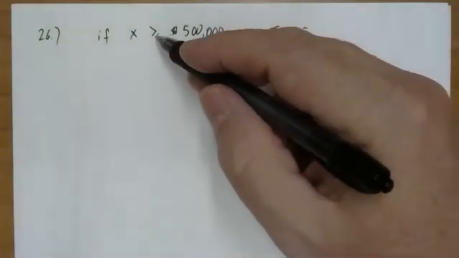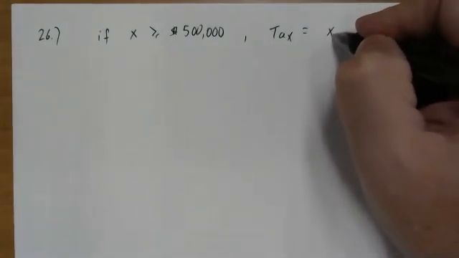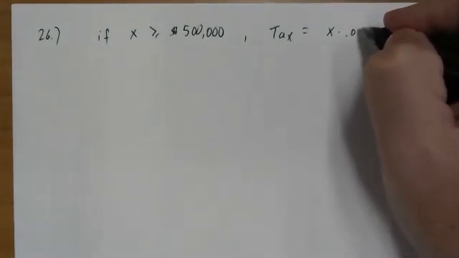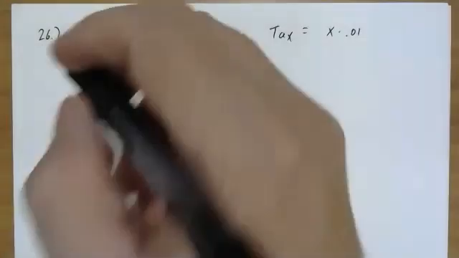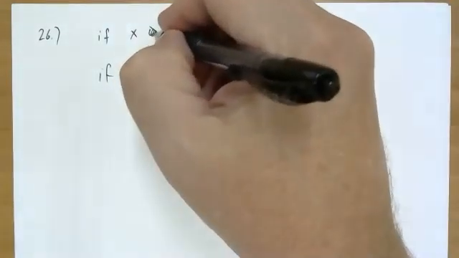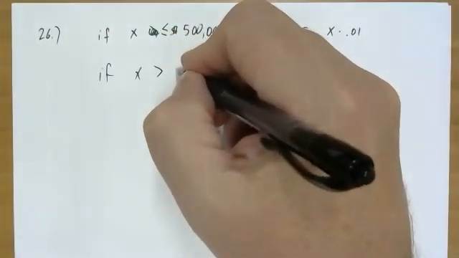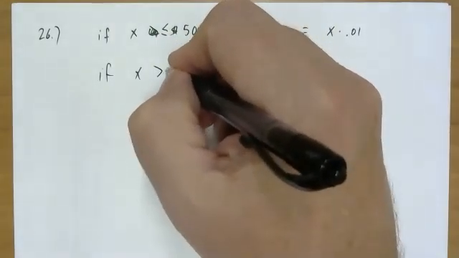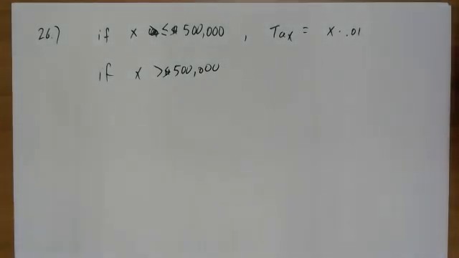So if you're between 0 and $500,000, your tax is going to be however much you make times 0.01. Now the tricky thing is, once you make more than $500,000, the tax goes up.